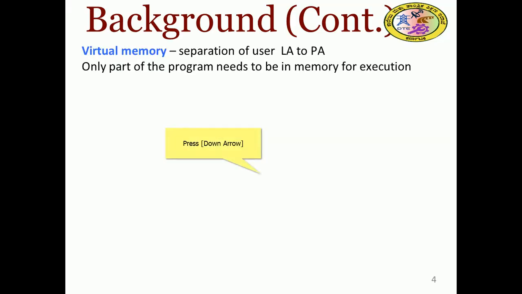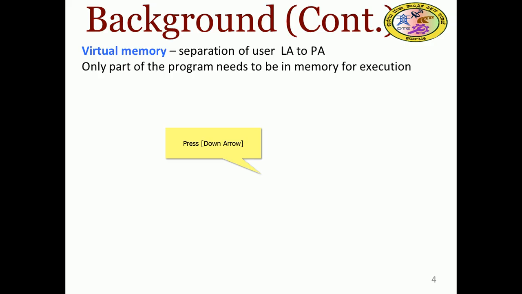Continuing this background, this is the essence of virtual memory. Virtual memory is the separation of user logical address from physical address. It provides the equivalent physical address for the corresponding logical address.